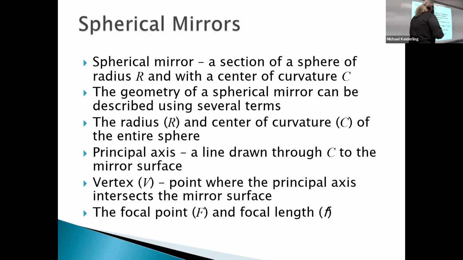It has a radius and a center of curvature for the entire sphere. There's a principal axis, which is a line drawn through the center of curvature to the mirror's surface, and the vertex is the point where that principal axis intersects the mirror's surface. And then there's a focal point and a focal length.